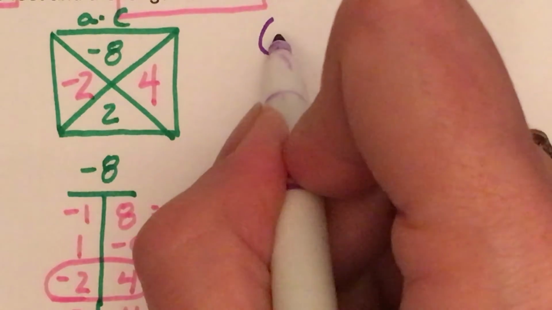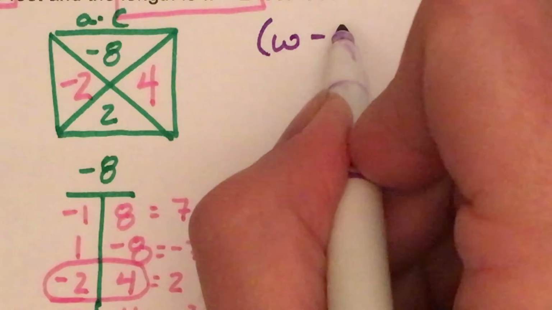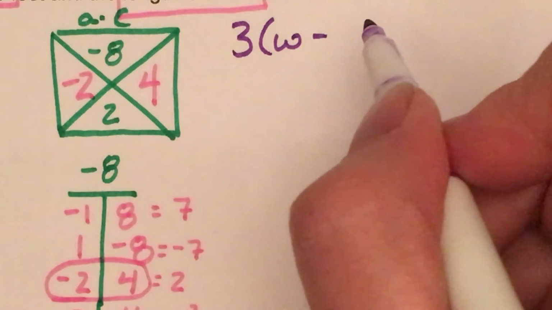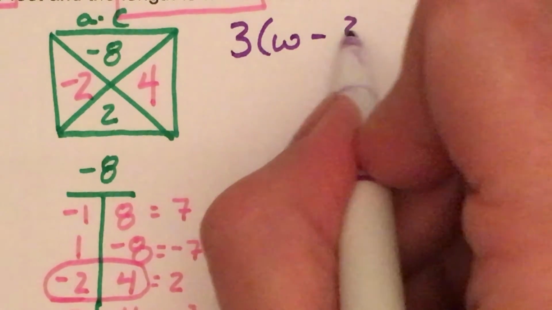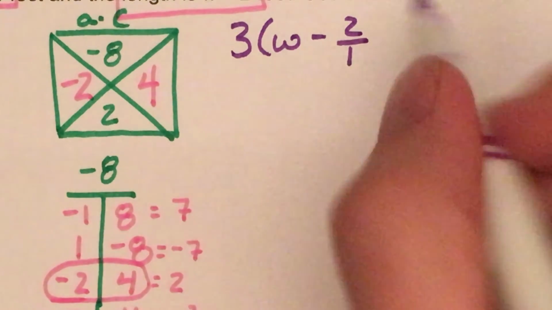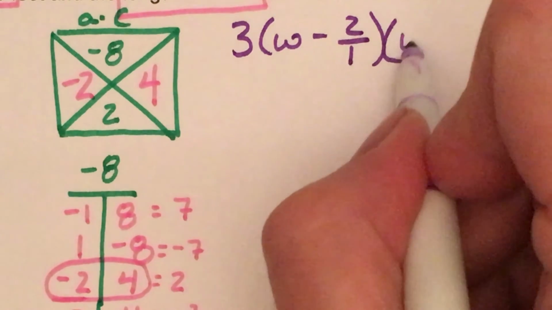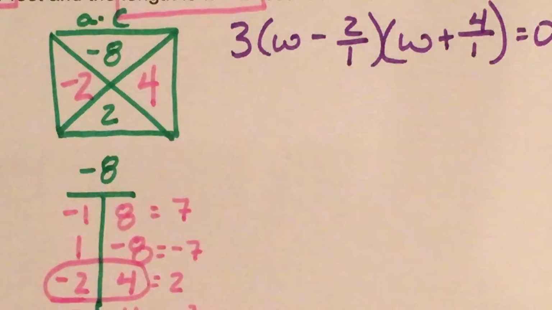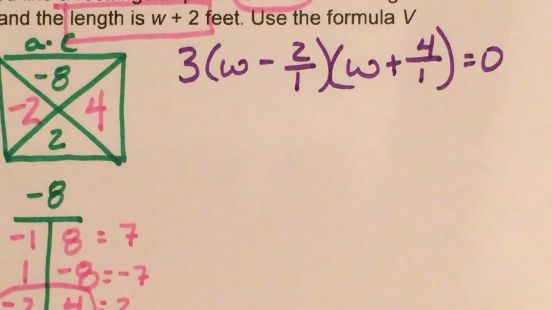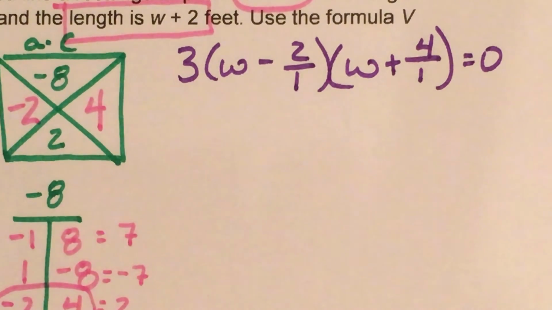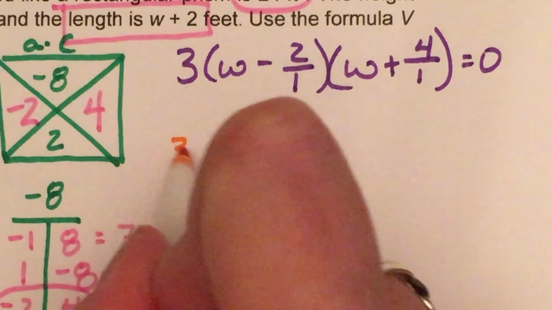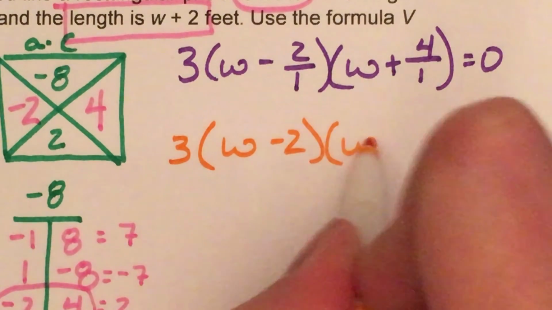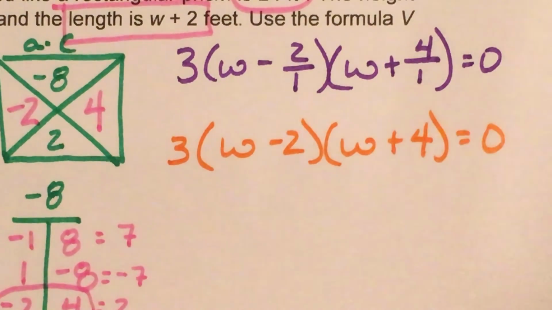I have a 3 all the way out in front. So W minus 2 over A, which is 1, and W plus 4 over A, which is also 1. Let's tidy this up: 3, W minus 2, W plus 4.